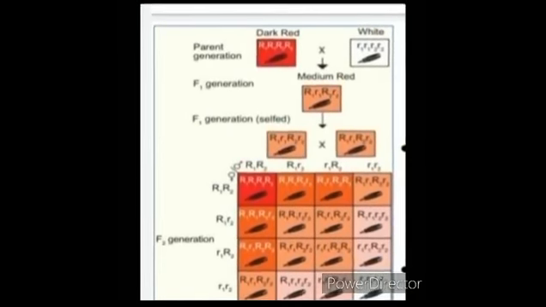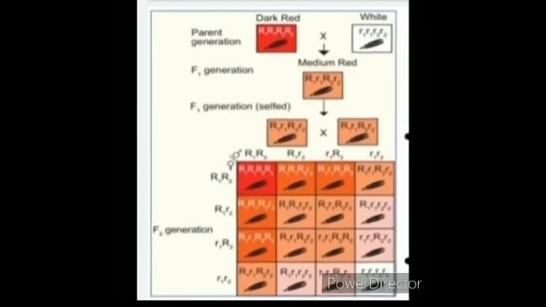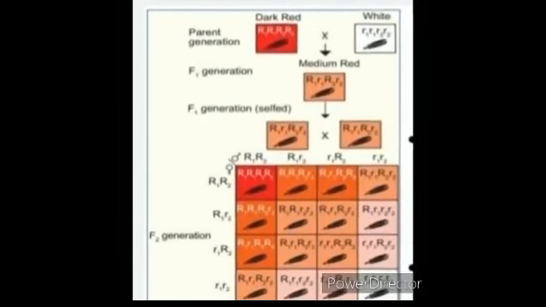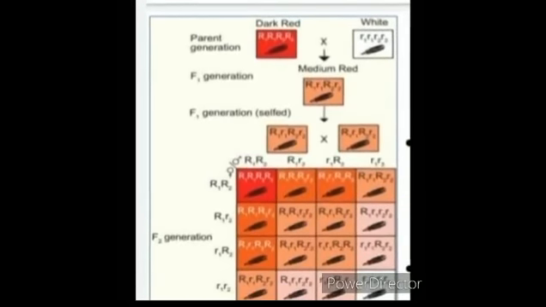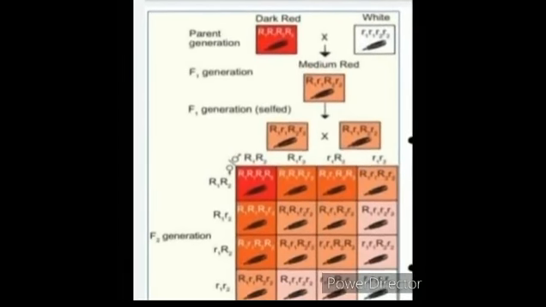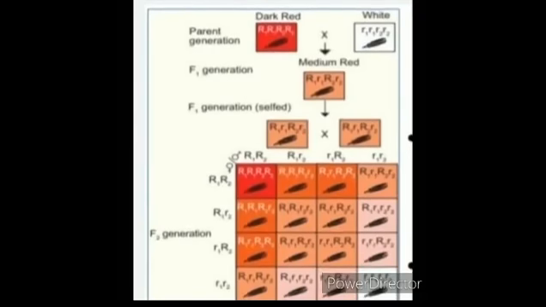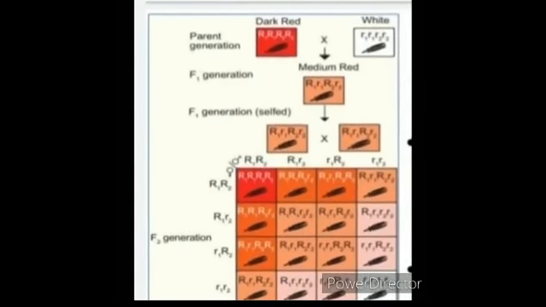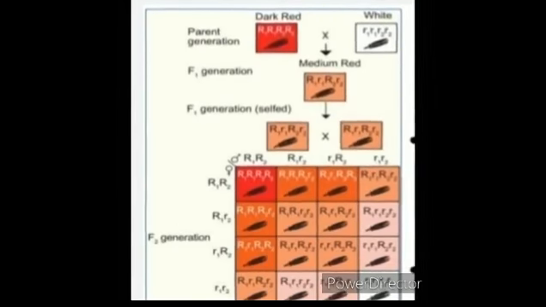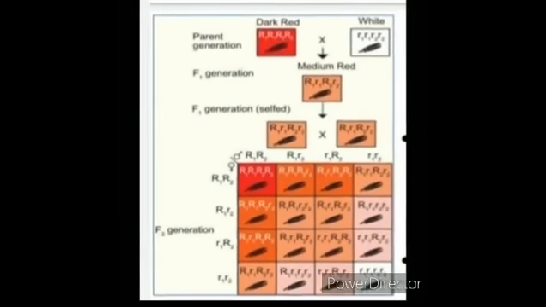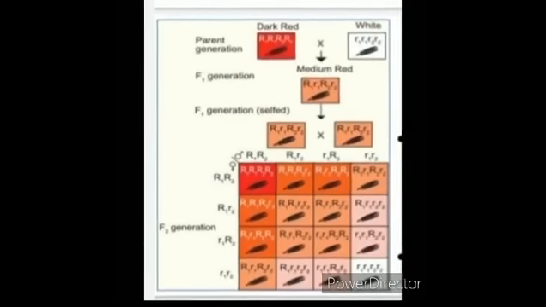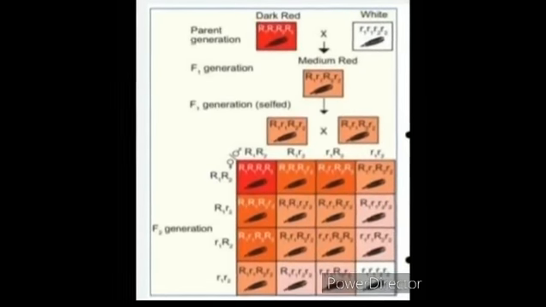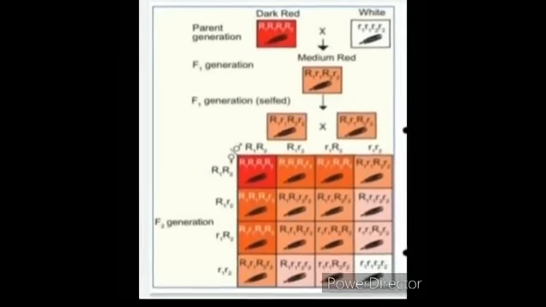So, in the F1 generation, medium red genotype with capital R1, capital R2, small r1, small r2 is obtained. After the gamete formation in the F2 generation, we get capital R1 capital R2, capital R1 small r2, small r1 capital R2, small r1 small r2. Thus, four gametes are formed.